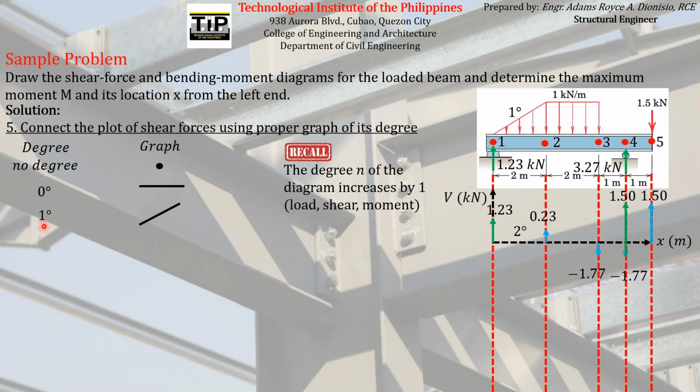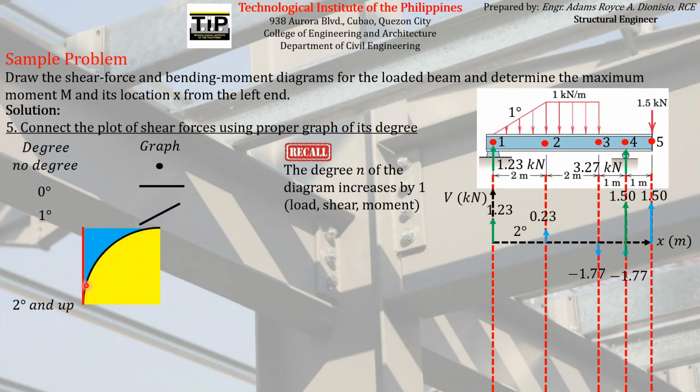Next, 1 degree higher than one degree is actually second degree. So the graph of a second degree curve and up with respect to the shear force and bending moment diagram that we will use are almost the same. They look like this line.